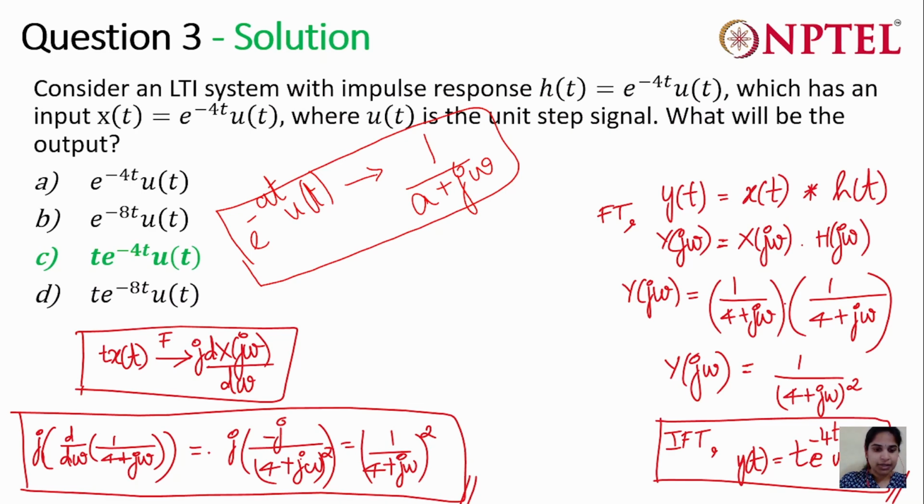So you will get j minus j square, which is 1, over 4 plus j omega the whole square. So we can also write this as j into d by d omega of 1 by 4 plus j omega. And then following this Fourier transform property, we get y of t is equal to t into e power minus 4t into u of t. So for this differentiation, it is v into u dash minus u into v dash by v square.